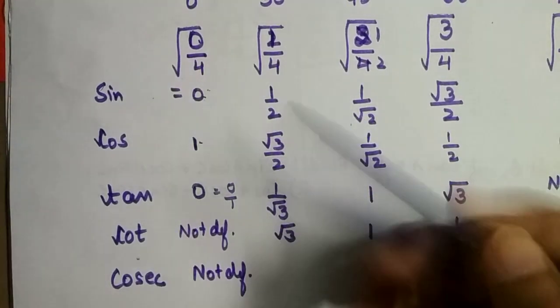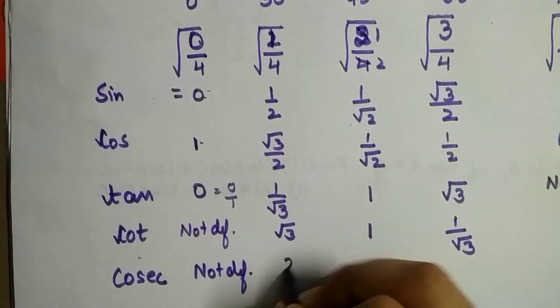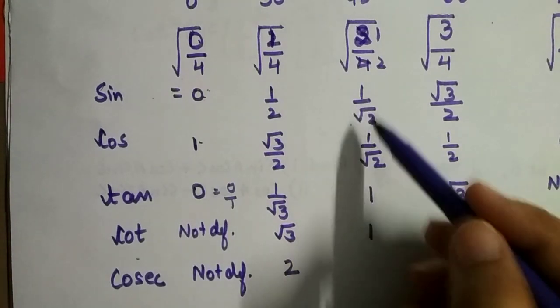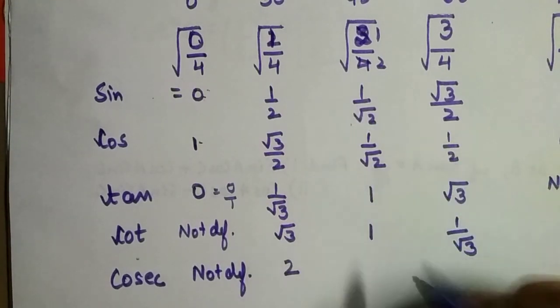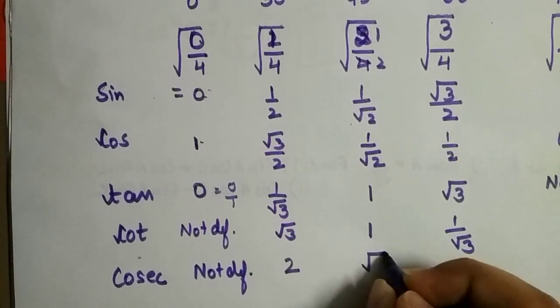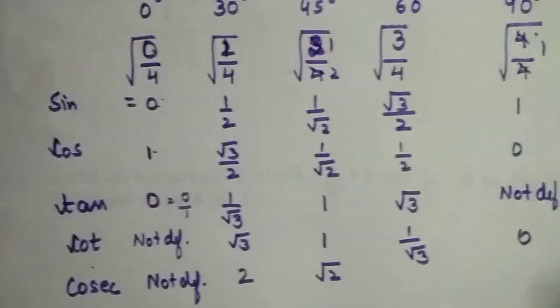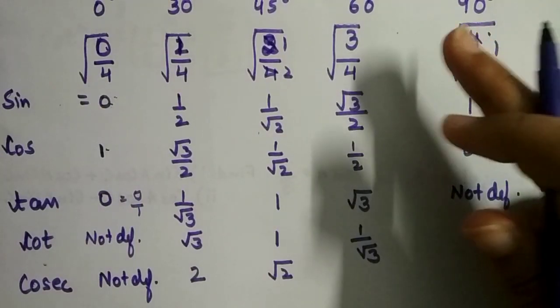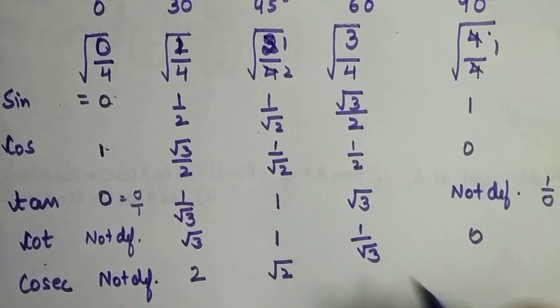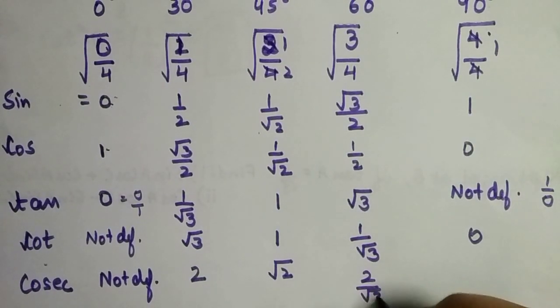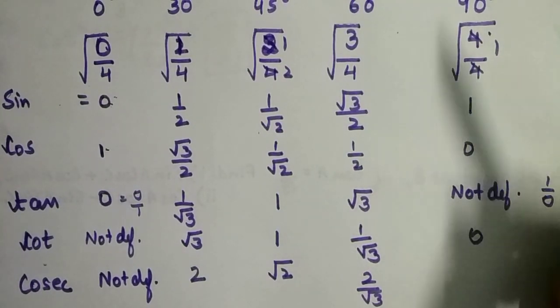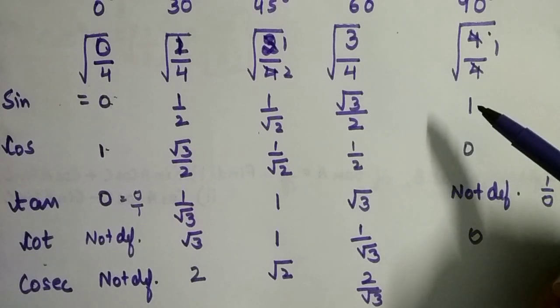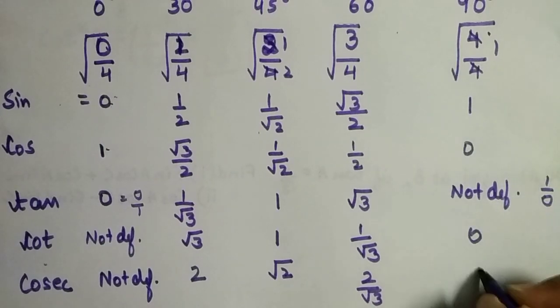The reciprocal of 1 by 2 is 2, so cosecant 30 degree is 2. 1 by root 2 का reciprocal, it is root 2. So cosecant 45 degree is root 2. Cosecant 60 degree is 2 by root 3. And cosecant 90 degree is the reciprocal of 1, that is 1 only.